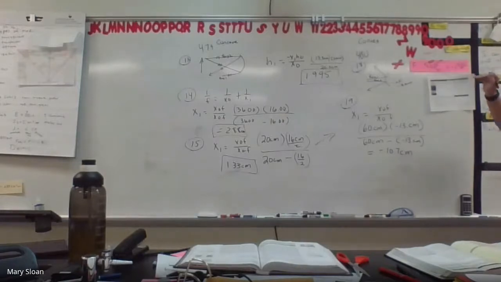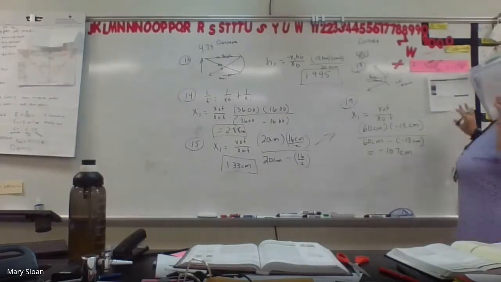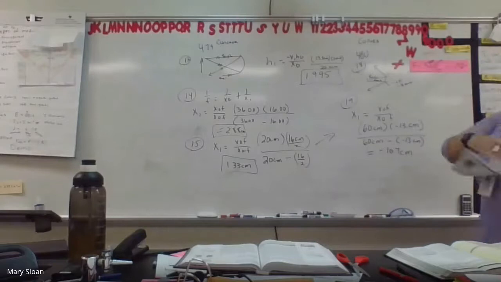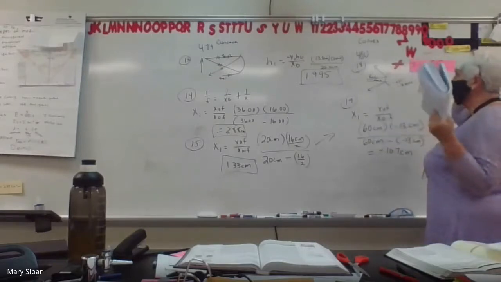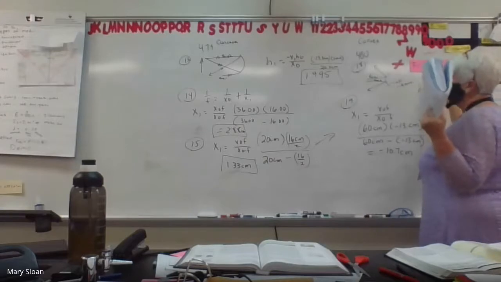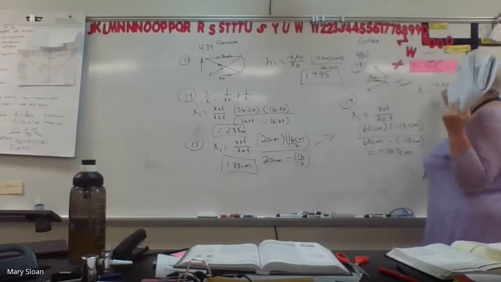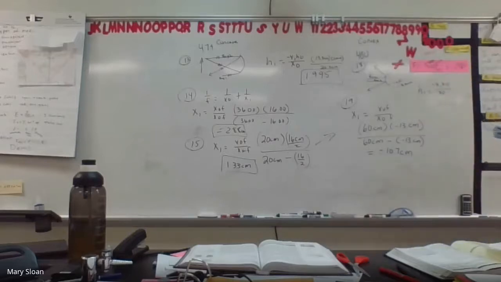The next thing we're going to do is our height for number 19. So for our height, same formula as we used before: negative xi times ho over xo, with ho on the bottom.